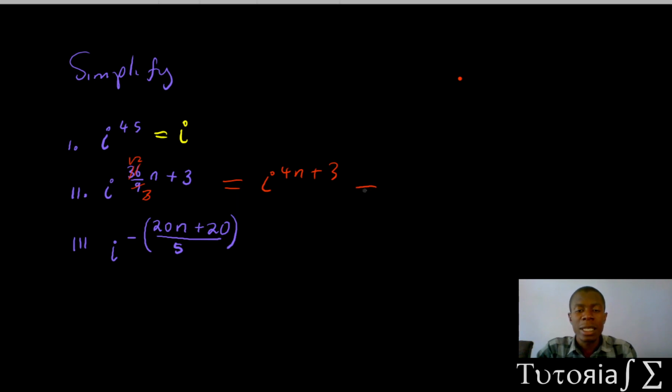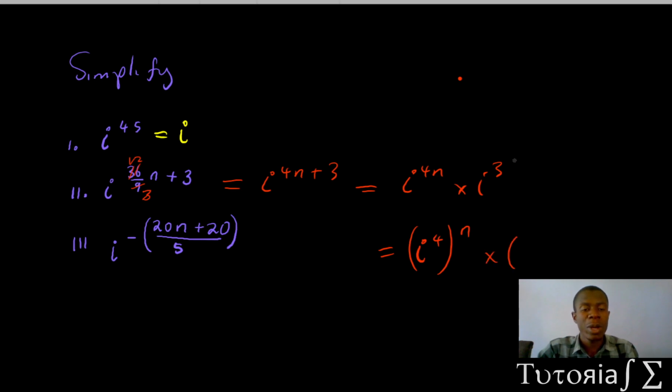Then, since the powers are adding, we multiply the bases. So this is i to the power 4n times i to the power 3. This can be written as i to the power 4, all to the power n, so that this is a multiplication; 4 times n will be 4n. Then times i to the power 3, and we know what i to the power 3 is: it is -i. i to the power 4 is positive 1, because we have negative 1 times negative 1.